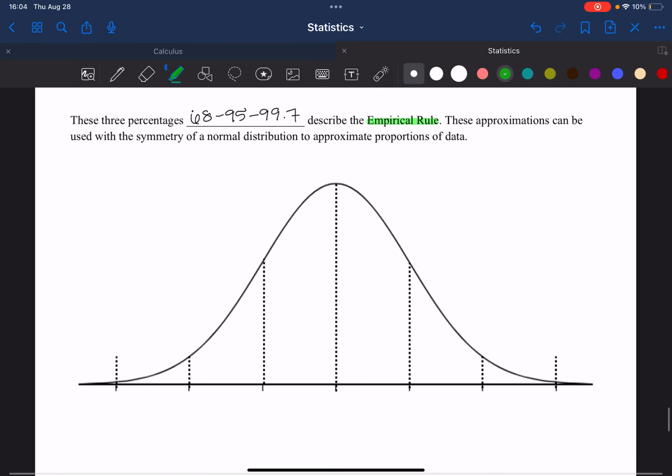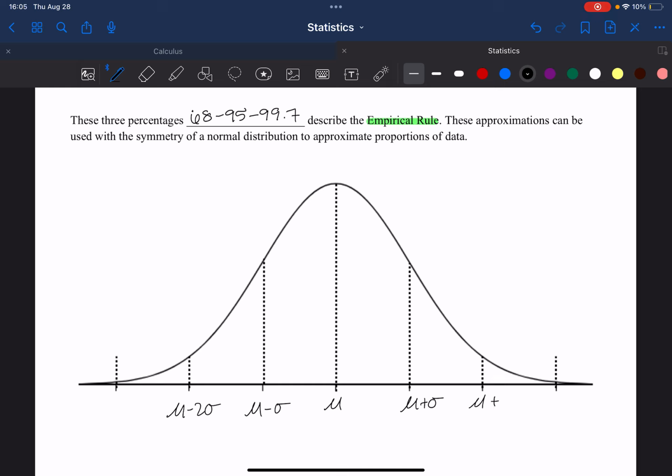So if I was to draw the empirical rule on this density curve, we would still see that the center line here is mu. And then on either side is one standard deviation adding and subtracting from the mean. So I'm just copying down what we already did up there. The first one says that 68% of the data is going to fall within the first standard deviation.